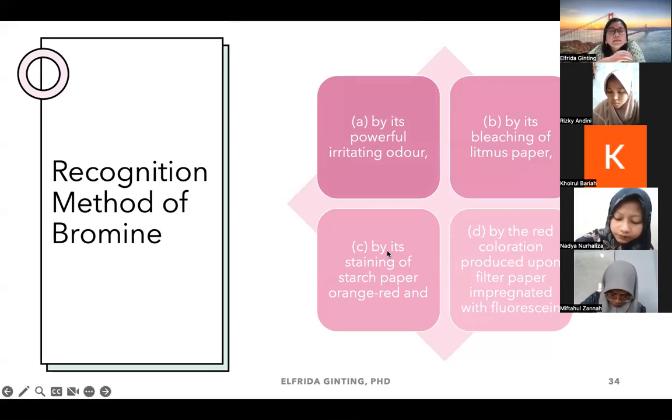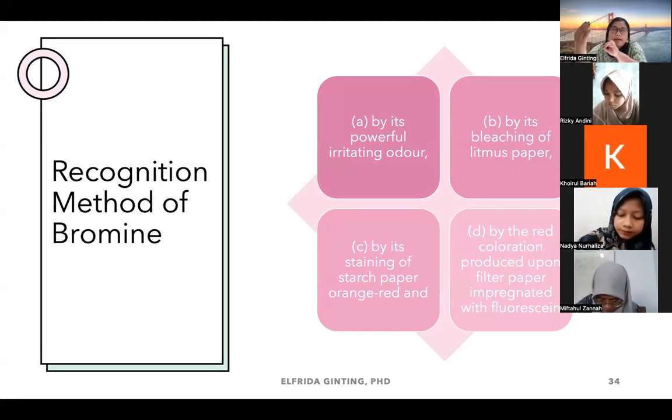And the third one is when you use starch paper. You mix it with bromine, then the color of the starch paper will change into orange red. And the last method to identify bromine is by using a filter paper.